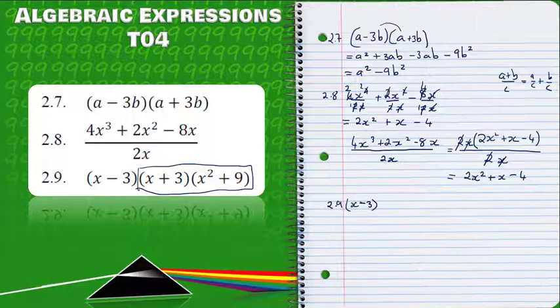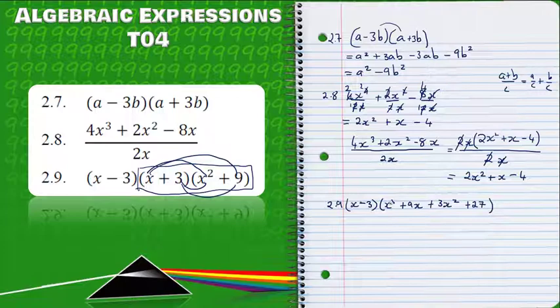So first, foiling out this one, we have x times x squared gives me x cubed. Then x times 9 is plus 9x. Then 3 times x squared is plus 3x squared. Finally, 3 times 9 is plus 27.